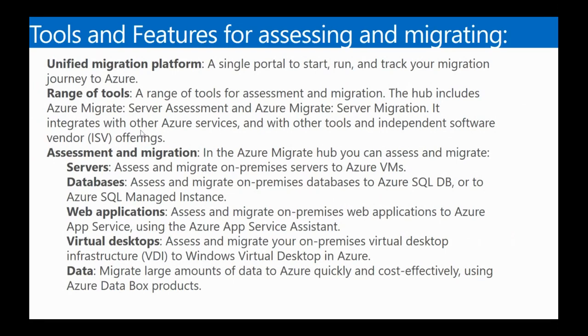That server will be on the same host and will be connected to all of your virtual machines. With the help of that server, we will run a tool for assessment and migration.